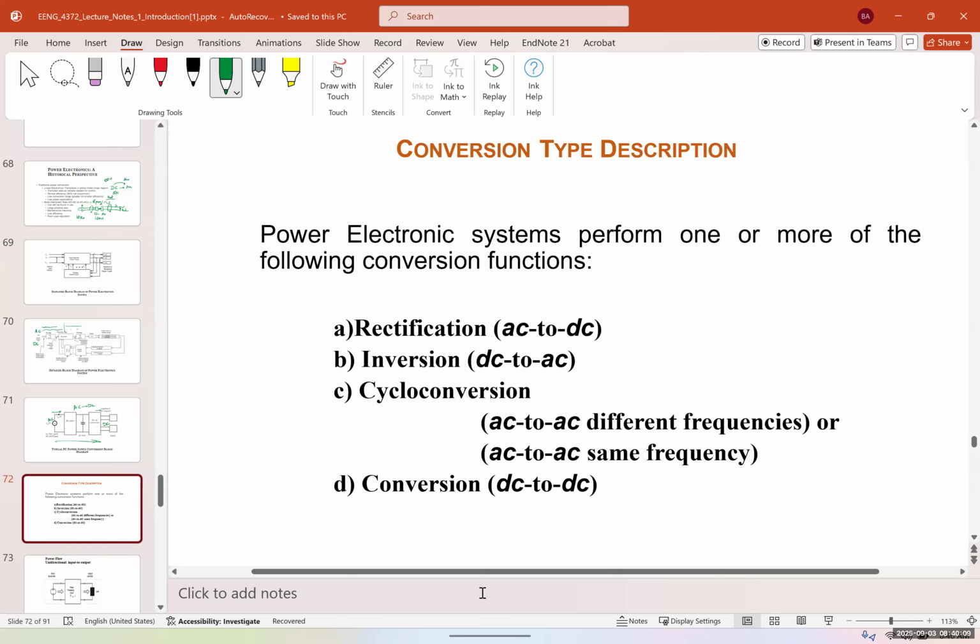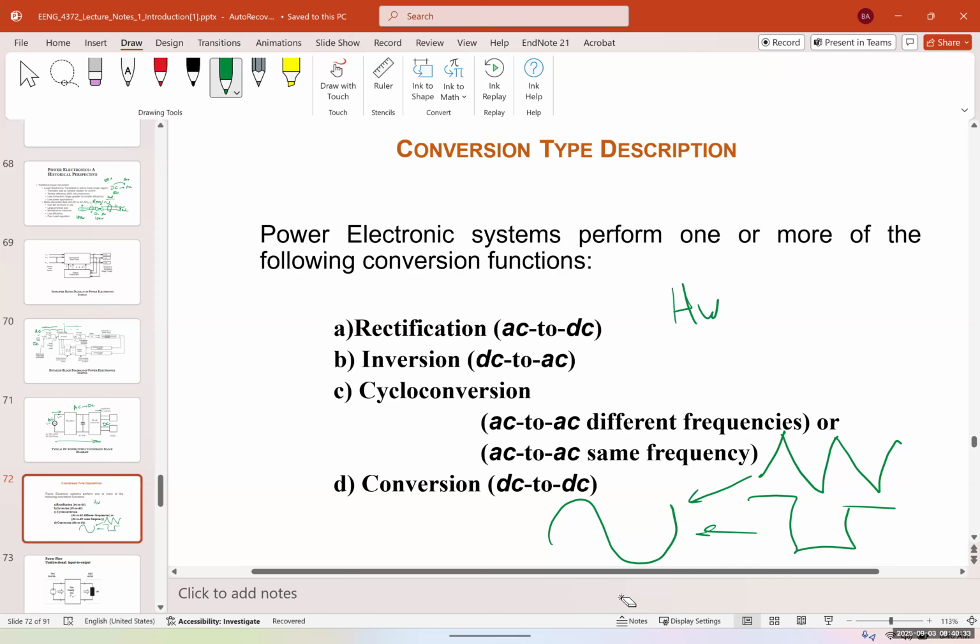We have cycloconversion, which is AC to AC with different frequencies, or AC to AC with the same frequency, but sometimes they could have different shapes of signals. You may have a triangle signal or a square signal, but what you want in the output is a sinusoid.